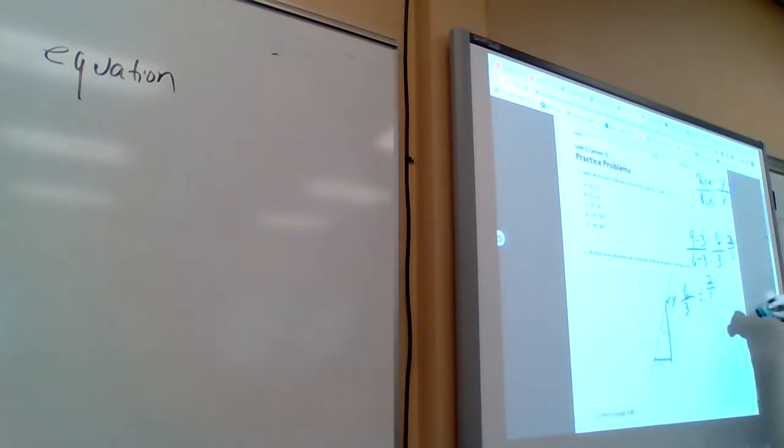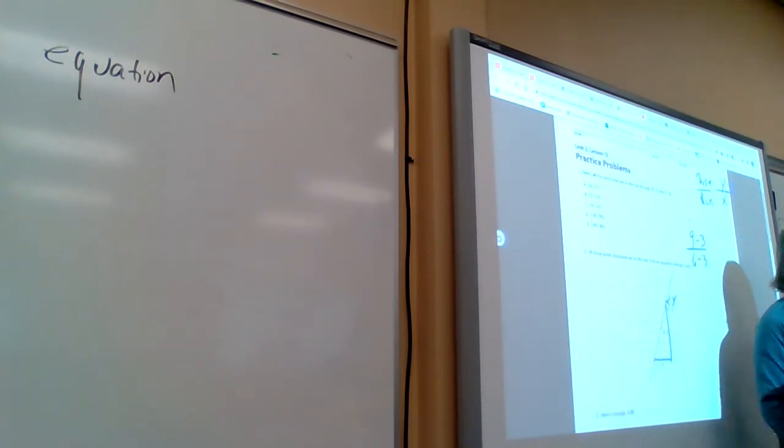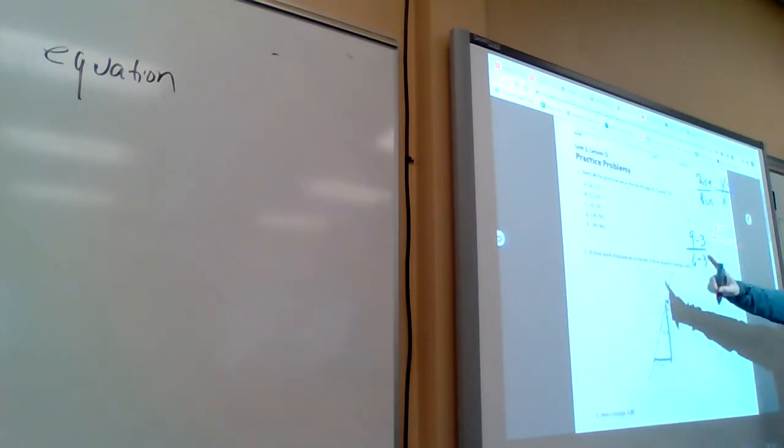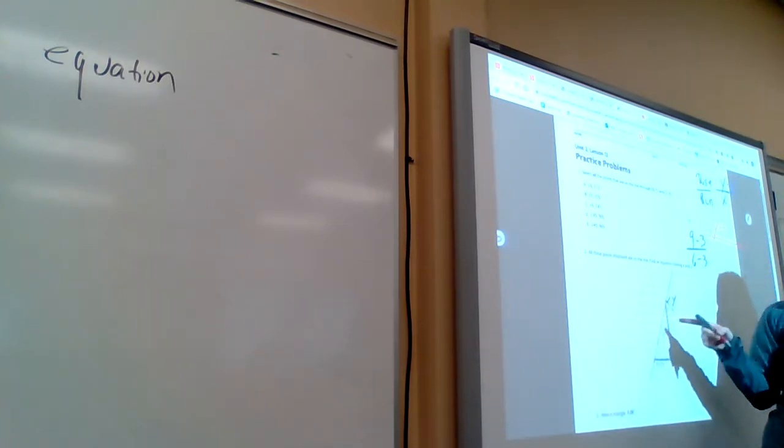So, if we wanted to check and see what number could be on this line, we can set up an equation. And we could say that y minus any number on this line, let's use 9 and 6.